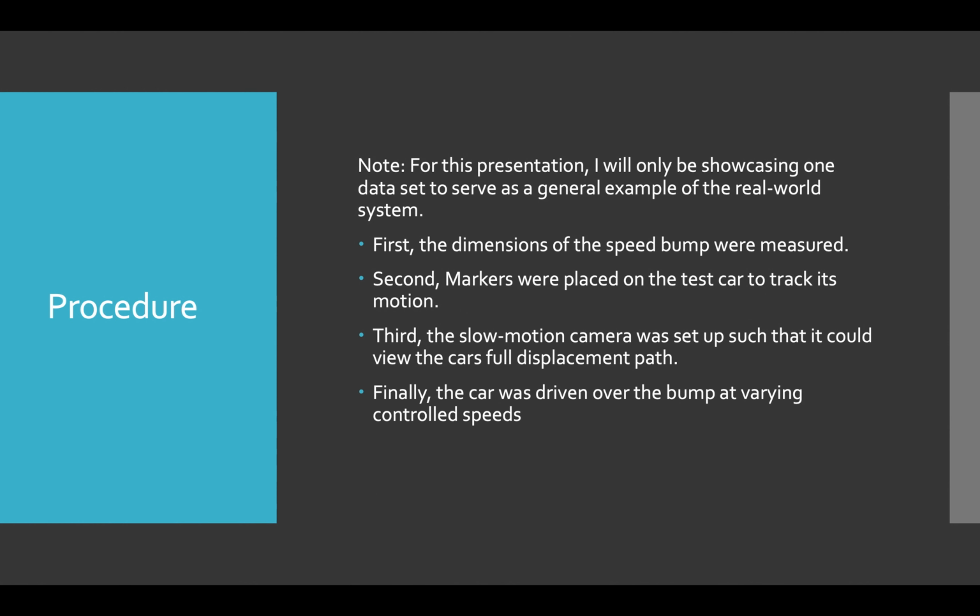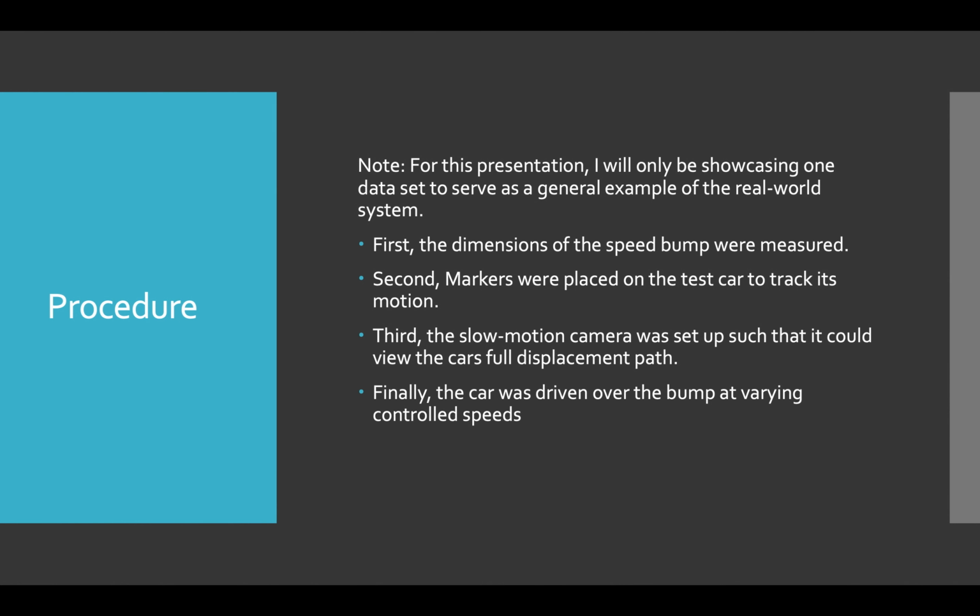Procedure. Note: for this presentation, I will only be showing one dataset. This is because this is to serve as an example and to show whether or not the shape of my simulation was correct. First, the dimensions of the speed bump were measured. Second, markers were placed on the test car to track its motion.